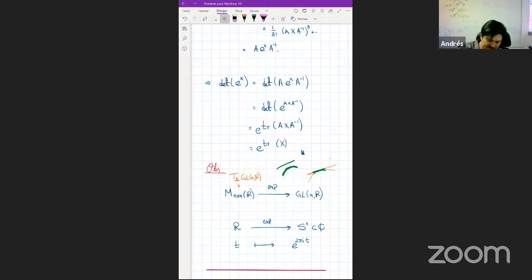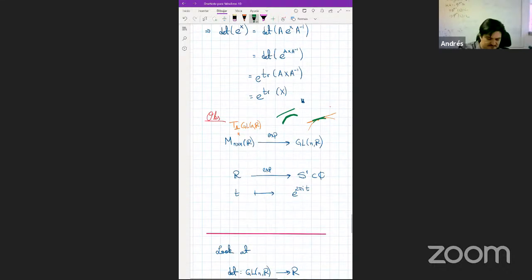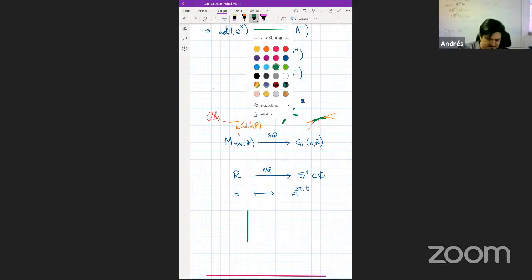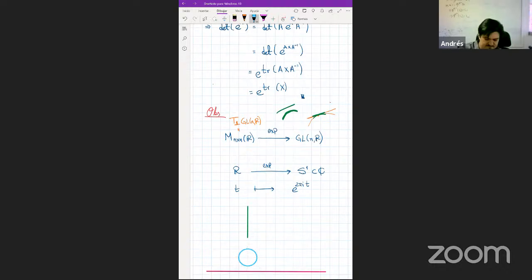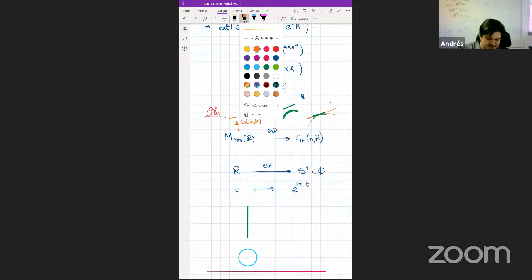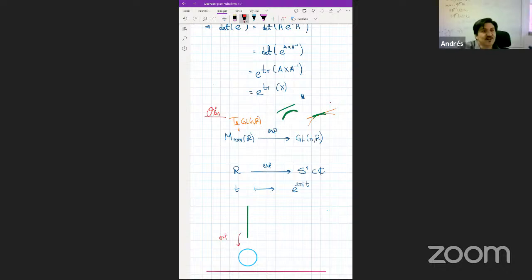And that's exactly what happens here. I mean, you have the exponential 0, 1, 2, this is the identity of the group.